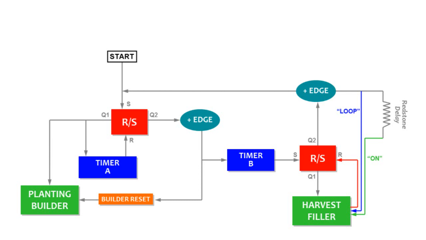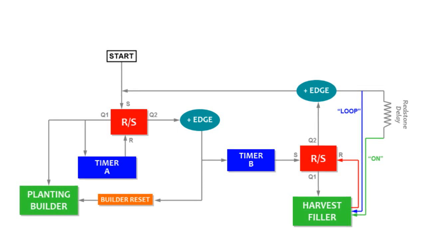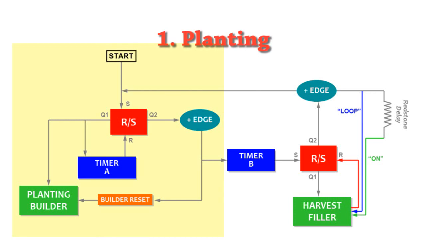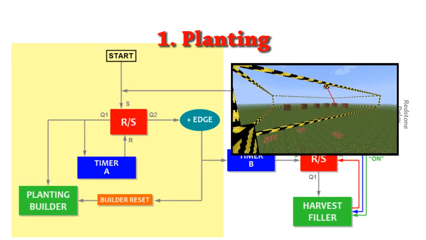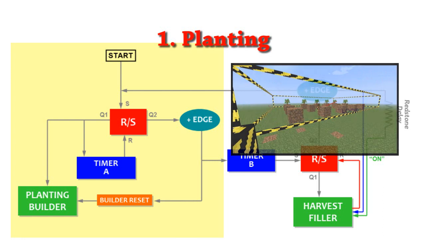Let's talk a little more about this diagram, and it's easier to talk about it in phases because the tree farm itself can be separated into about 3 separate phases. The first phase is shown on the left side of this diagram, and it's basically the planting phase. This is where the saplings are planted and everything is ready to go. This is run by that planting builder.